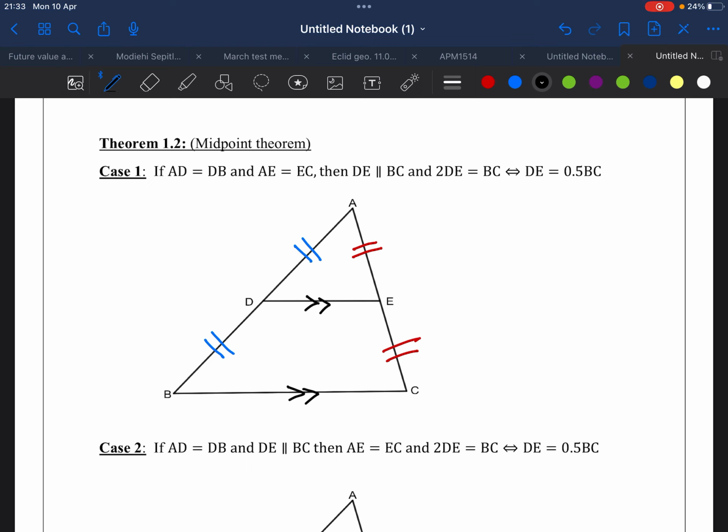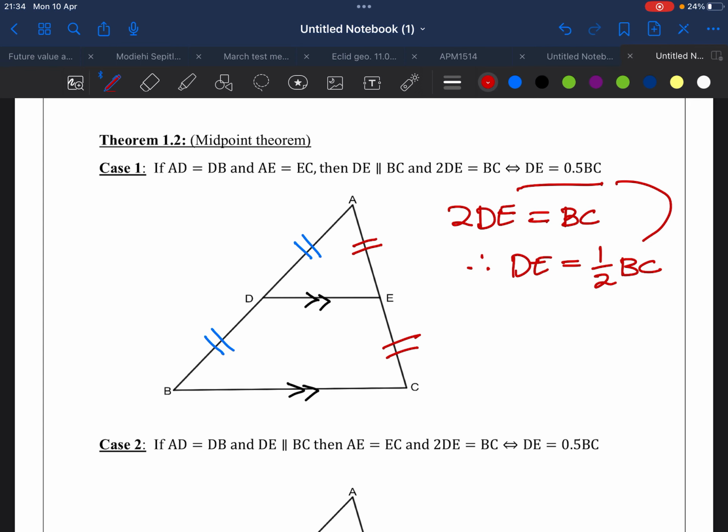Let me break this down for you. We have 2DE, which is equivalent to BC.